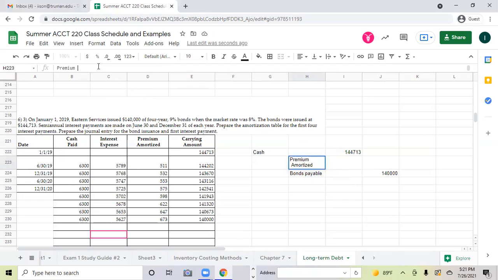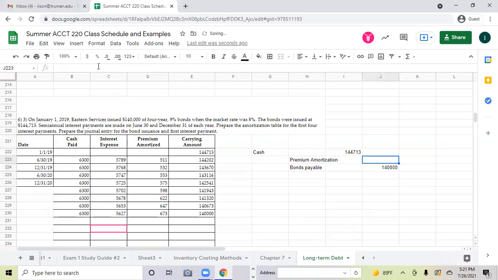I could have just typed it by now. But anyway, amortization. And all that is the difference between the two. So you could just do the difference. That's fine.